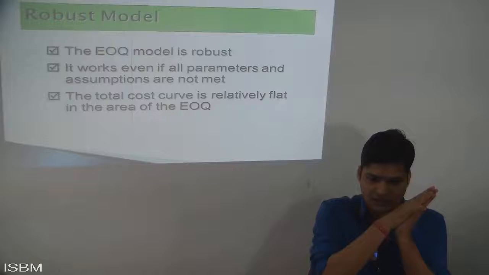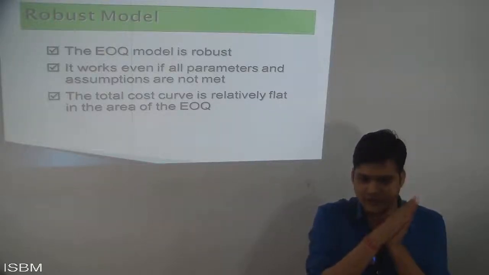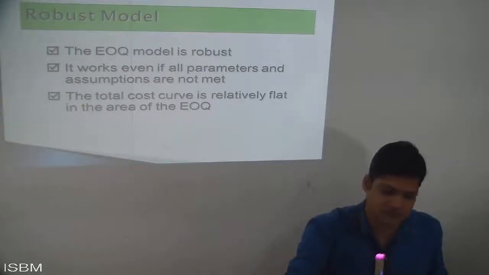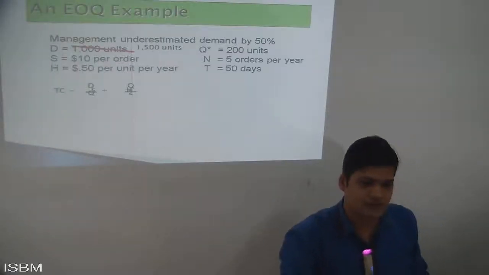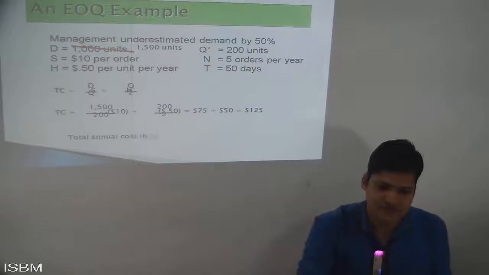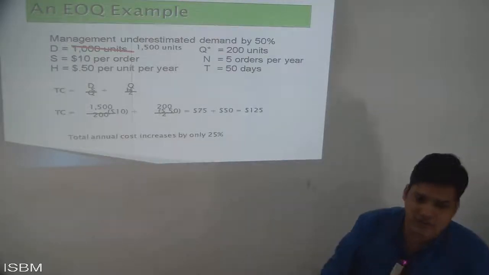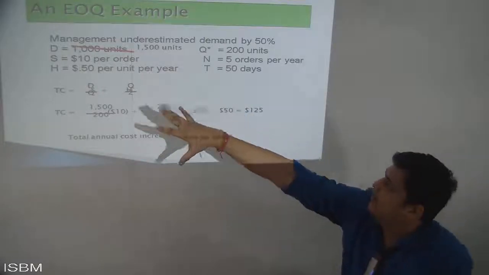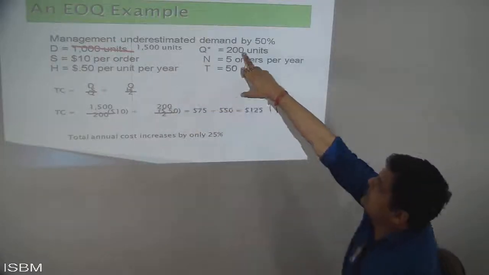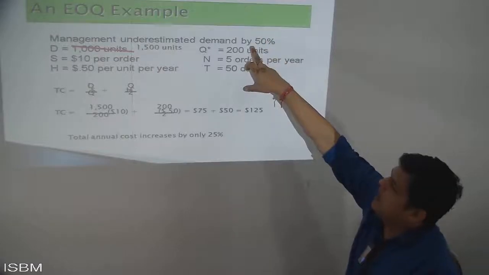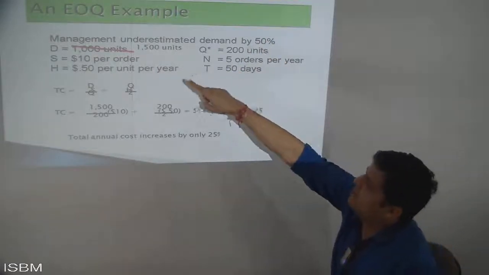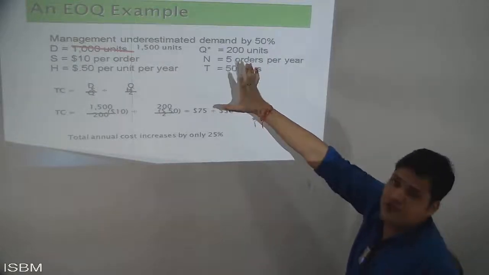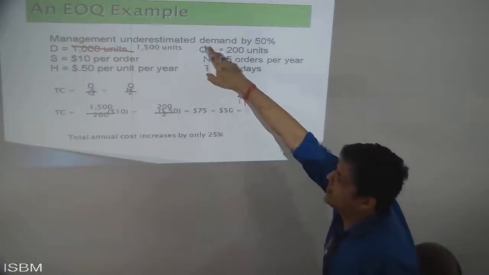An example of EOQ: suppose management underestimated demand by 50%. 50% of 1000 is 500, so it becomes 1500 units.